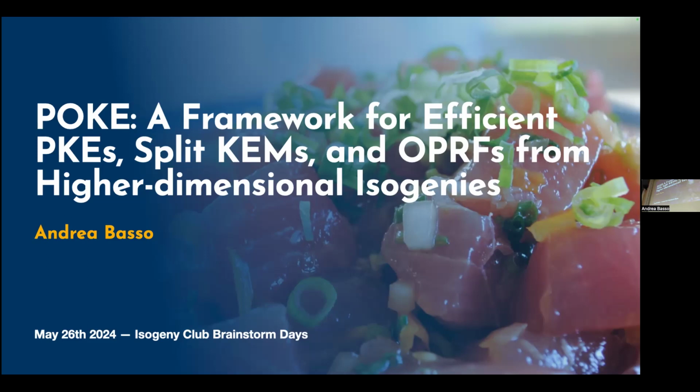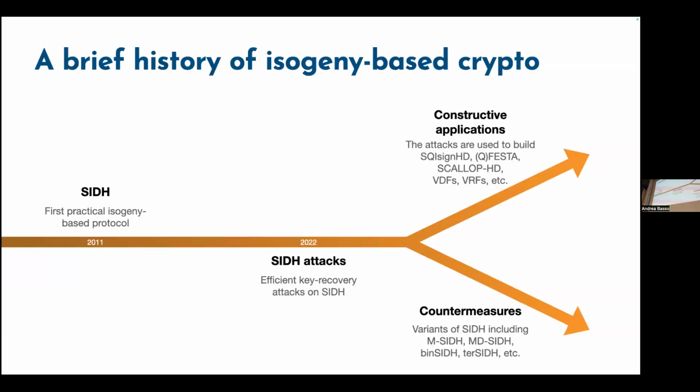But if we take a very brief look at the history of isogeny-based cryptography, at least the non-group-action-based one, we see that back in 2011, SIDH was proposed, and it was the first somewhat practical, efficient isogeny-based protocol. And from then we had a good decade. We had a good run.